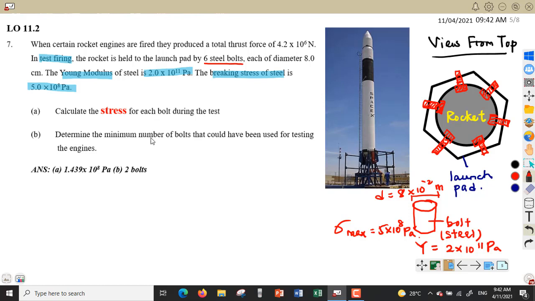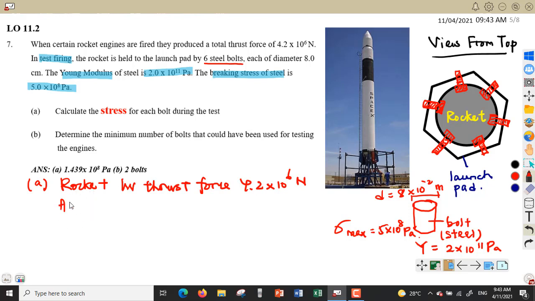So, the rocket has a thrust force of 4.2 × 10^6 Newton. So, we know that the rocket has a thrust force of 4.2 × 10^6 Newton during the firing.